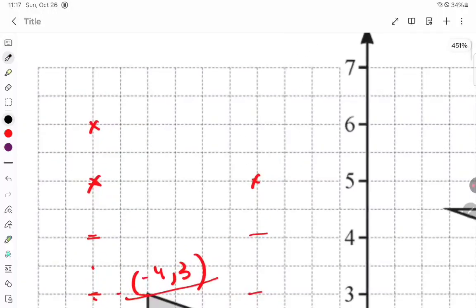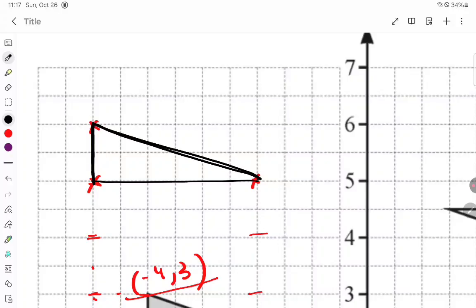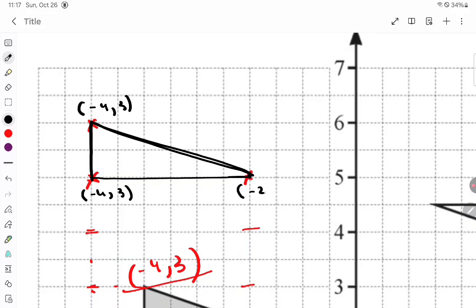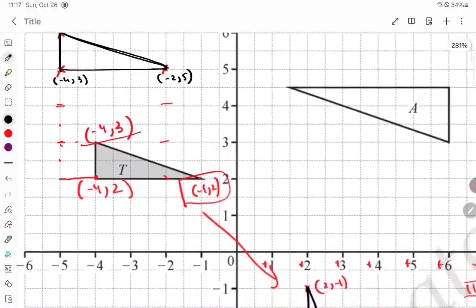Join the points, and write the coordinates of each point. So this is part 2.